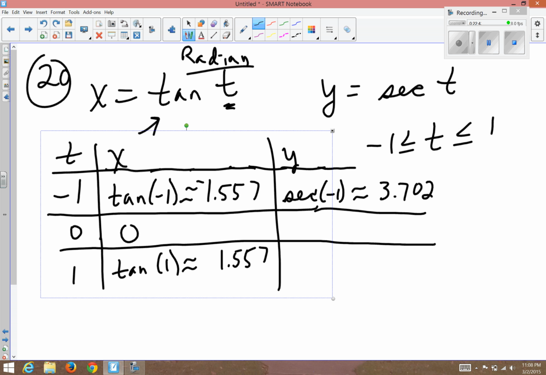Actually I copied this wrong because there's supposed to be a 2 in front of this. When t is 0, the secant of 0 is actually 1, so y is 2 instead. And when t is 1, y is 2 times the secant of 1. On the calculator, that would be 2 over the cosine of 1, which is 3.702. And there's no mistakes anymore. These are all positive y values.